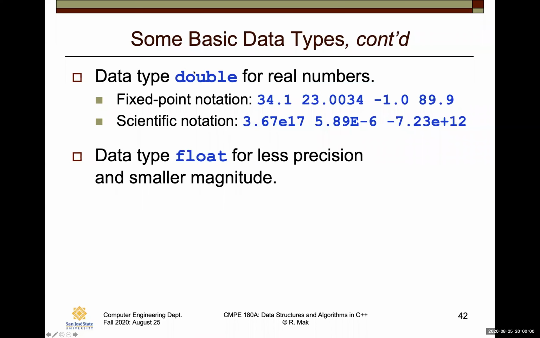Double is for real numbers. Here are some examples of real numbers in scientific notation. So this is actually 3.67 times 10 to the 17th power. And this is times 10 to the minus 6 power. You can use either little e or big E. And the exponent, of course, can itself have a plus or minus sign. Now with a double, you will get 16 digits of precision.